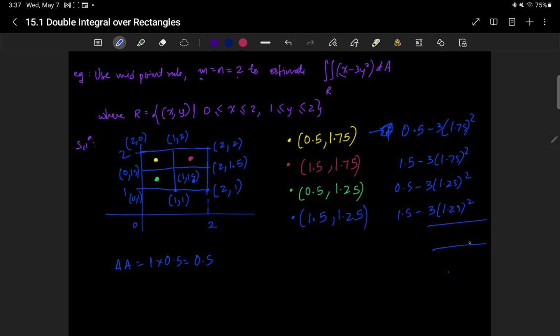Get all of these, add them up, and then multiply by this 0.5, because the area of each of the base, which will give us the volume of the big solid, is 0.5.